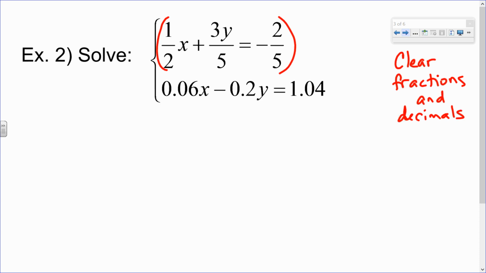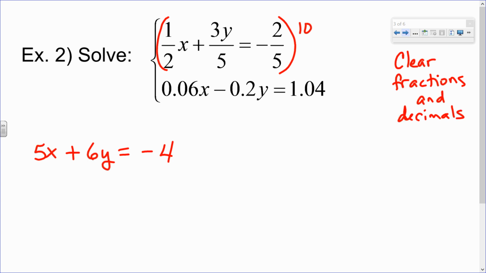The least common multiple of 2 and 5 is 10. So for that equation, when I multiply a half x by 10, I have 5x plus, and then the 5 cancels with the 10. 10 over 5 is 2 times the 3y gives me a plus 6y. And then I have a negative times 10, so a negative 10 over 5 is 2 times 2 is 4. So now I have my first equation set up.